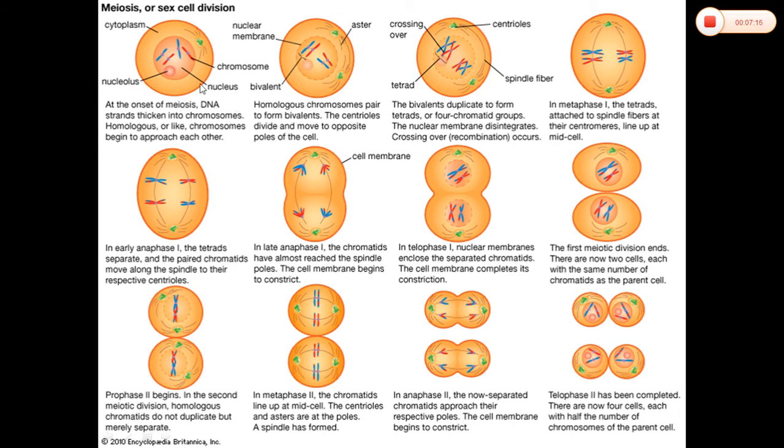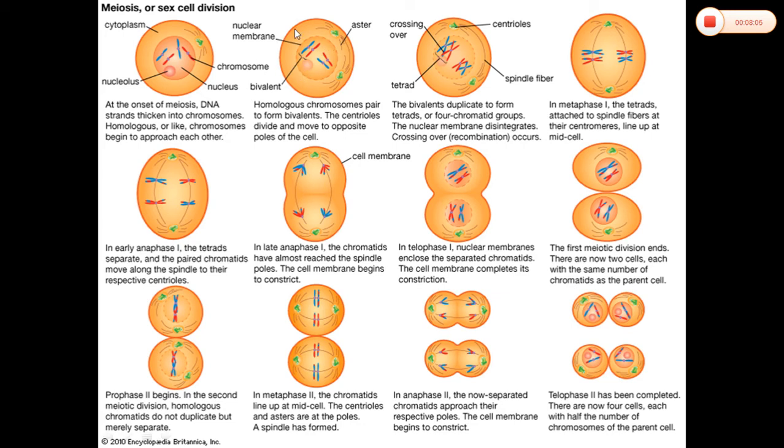During prophase 1, you can find that the nuclear membrane breaks down or disappears, and then the nucleus disappears, and the chromosomes condense and duplicate, and homologous chromosomes pair up.